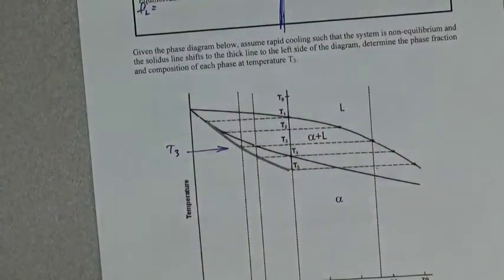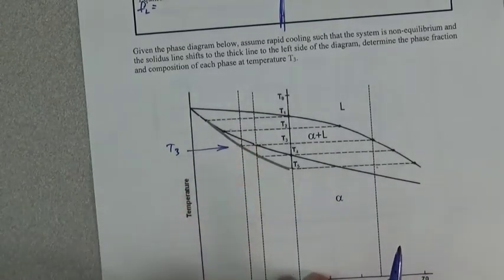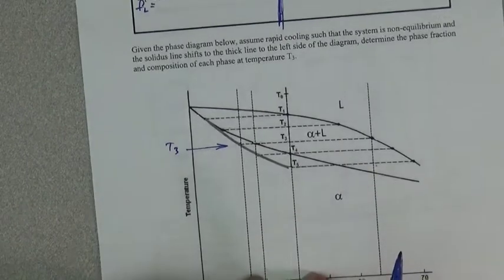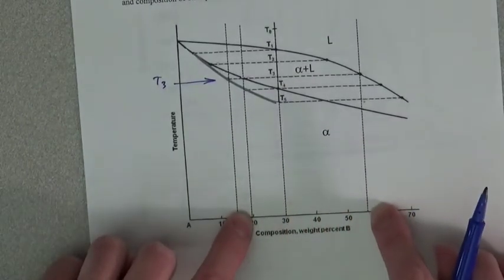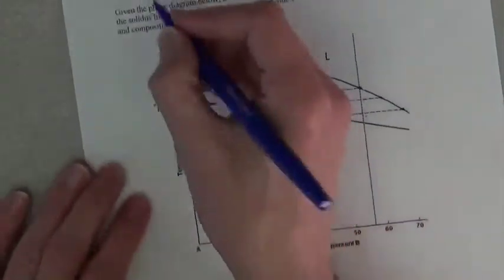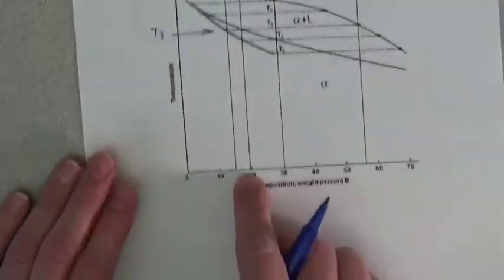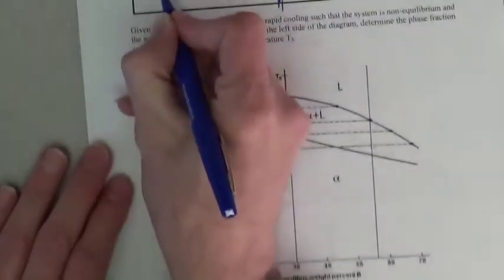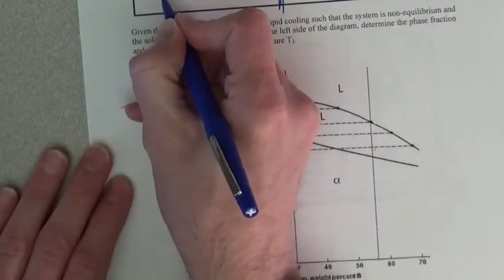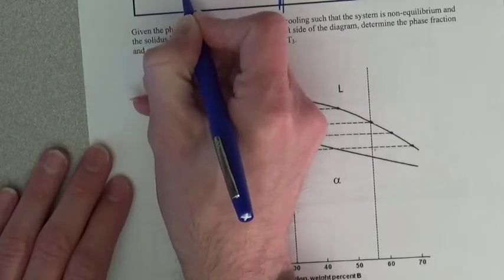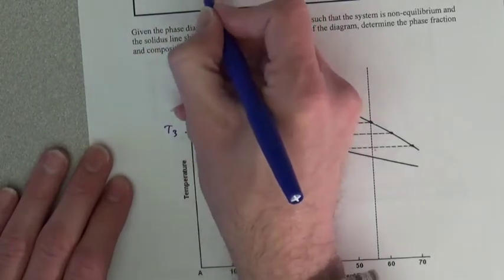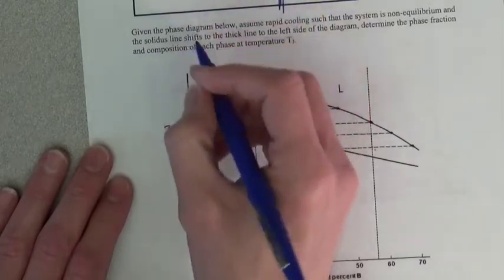is going to be equal to this distance here, this distance divided by the total. So that's going to be 30 minus 19 divided by about 57 minus 19, which is equal to 0.29.